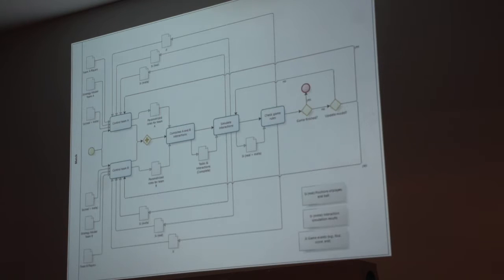Next, please. Well, my student is preparing his PhD simulator for that. We are not sure yet how detailed and how good the results will be, but it has a solid structure. In fact, this is the control of team A and the control of team B, the representation, the abstraction of the strategy.